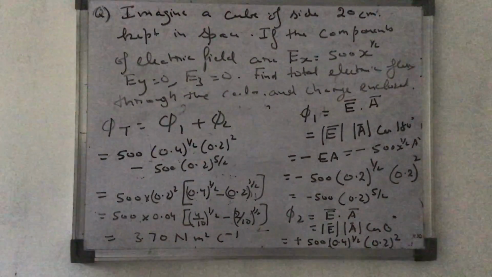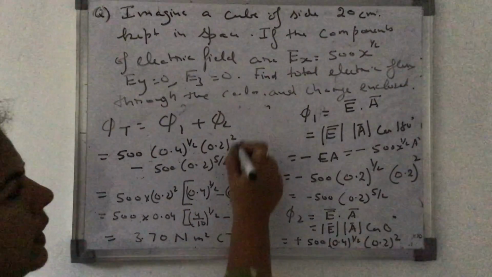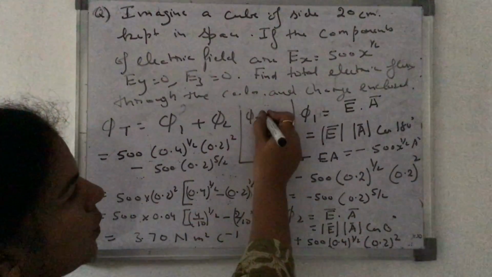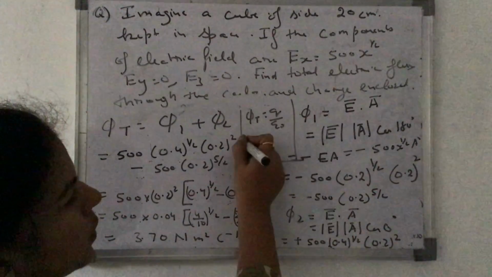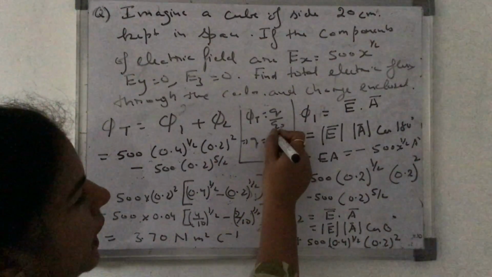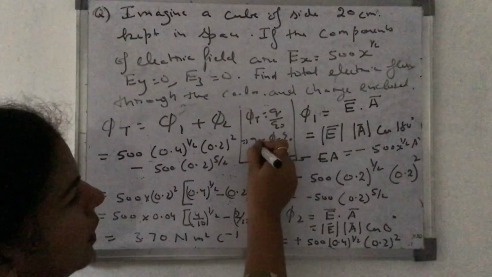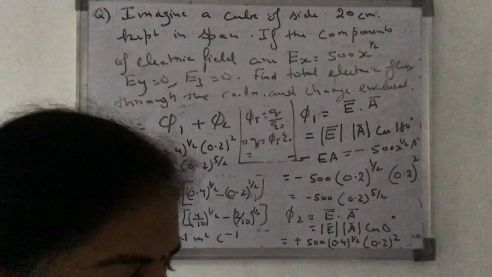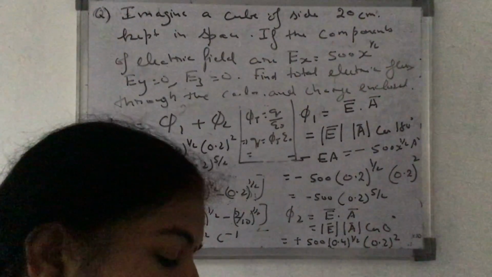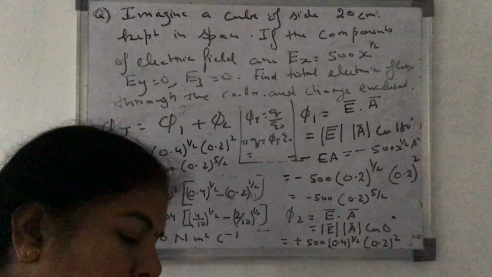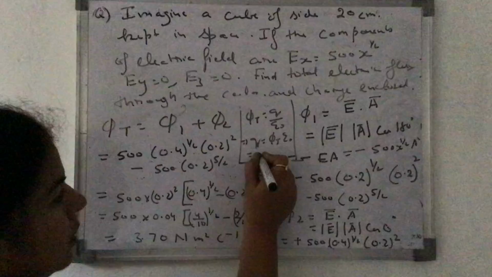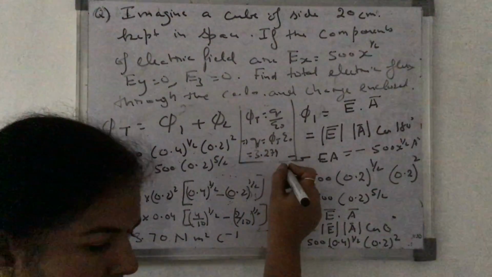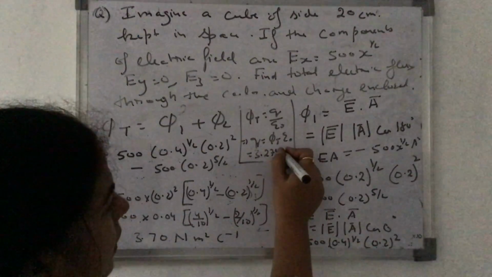This becomes the answer. And finally, what about the charge? Phi total is equal to Q over epsilon. So here Q is equal to phi total into epsilon, and this comes out to be 3.274 into 10^-12.